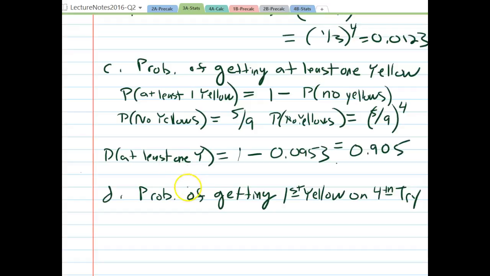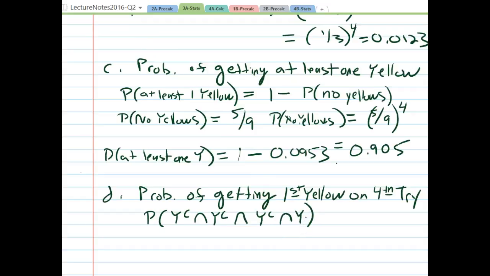Okay, let's do one more here. The probability of getting the first yellow on the 4th try. So that means I'm talking about the sequence of getting no yellow, and then no yellow, and then no yellow, and then on the 4th pull, I get a yellow.